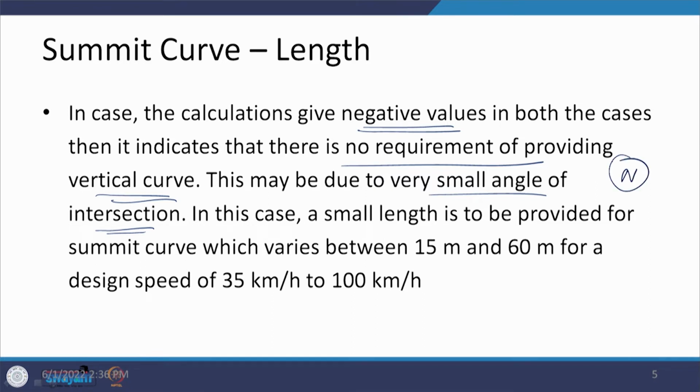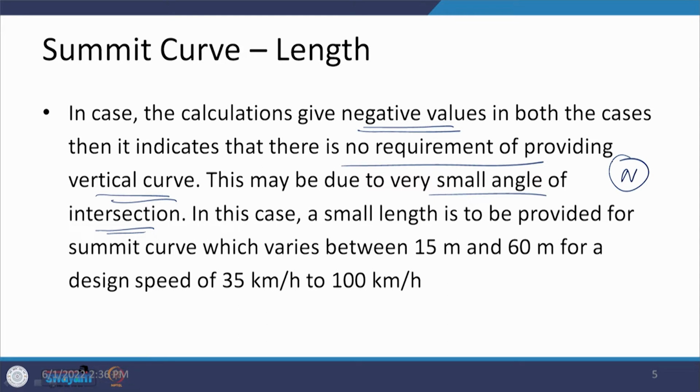And if this value of N is quite small, and if you remember when we talked about the minimum lengths required in the case of vertical curves, there we talked about the maximum value of the grade change in percent which will require providing a curve or not providing a curve, and that was also looked at in the case of expressway.